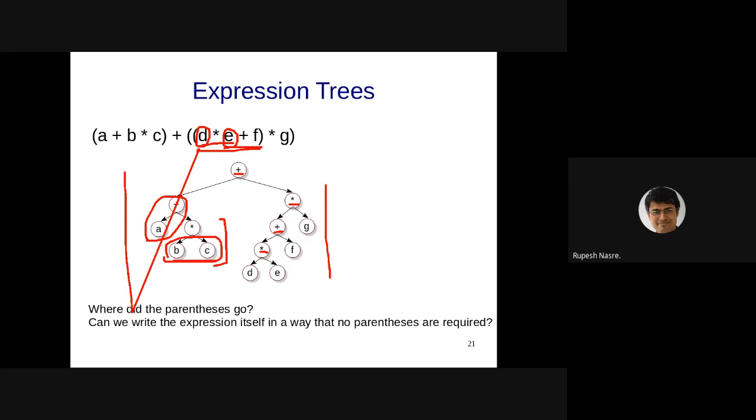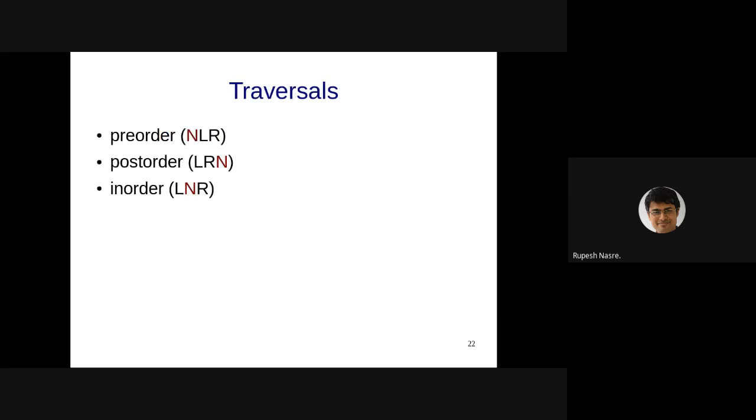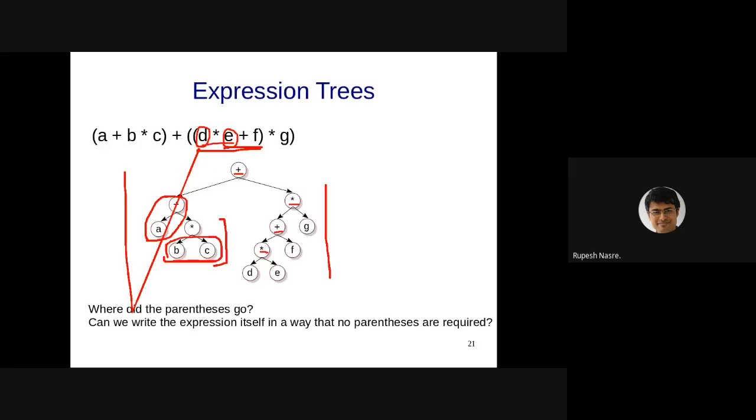Well, we have seen that in terms of postfix notation. Like I was mentioning some time back, there are ways in which you can traverse the nodes in terms of postfix form or prefix form, and that will give you a pre-order or post-order traversal, and we are going to study exactly that now.